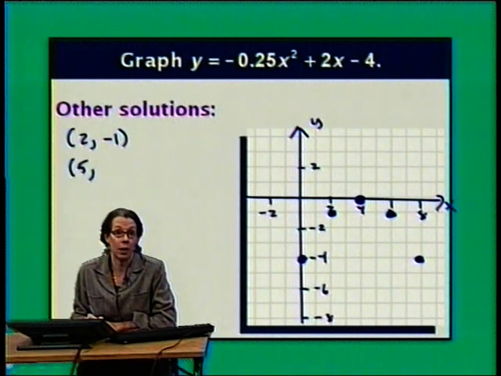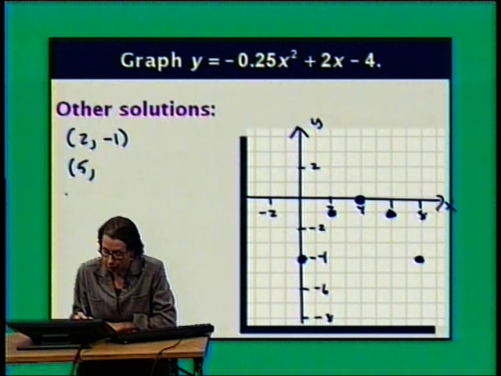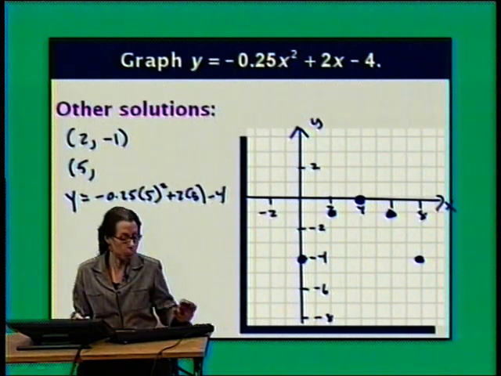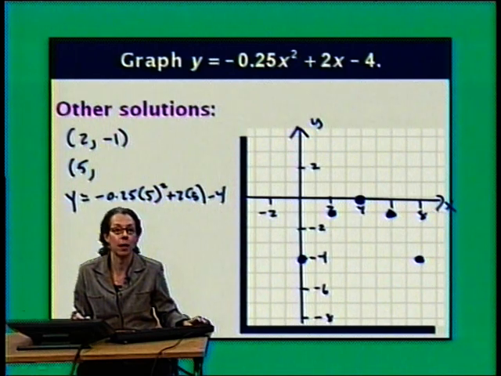Well, here I have quite a calculation to do. I have to calculate y equals -0.25 times 5 squared plus 2 times 5 minus 4. I'm going to just pull out a calculator to quickly get a y coordinate here.